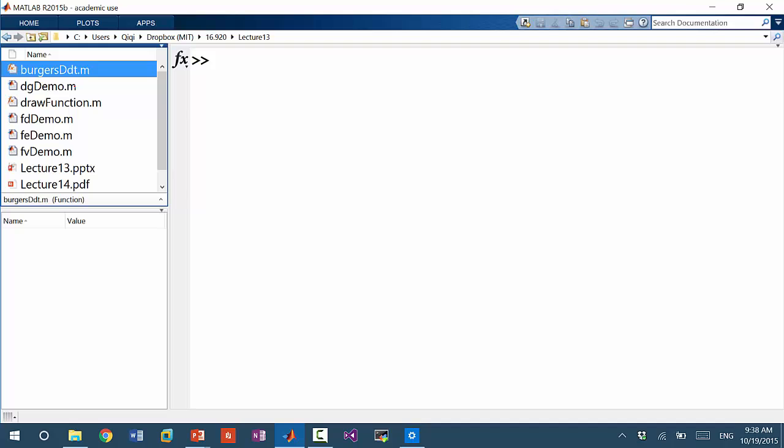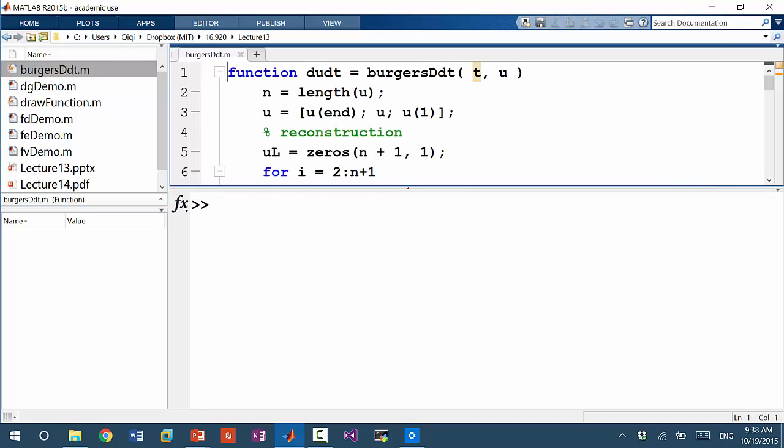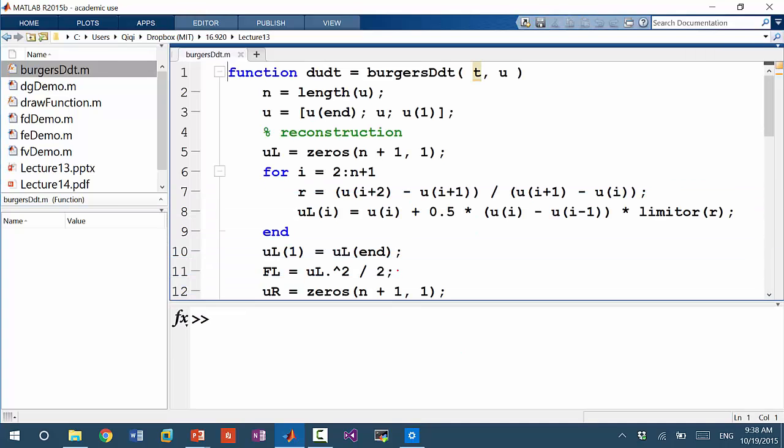That's called Steele-Burgers DDT, and we started adding the limiter in the reconstruction. After last lecture, one of the students pointed out a bug in my code. Who did that? I don't remember. Okay, you did that. Thank you for that. So there is a bug in the code.